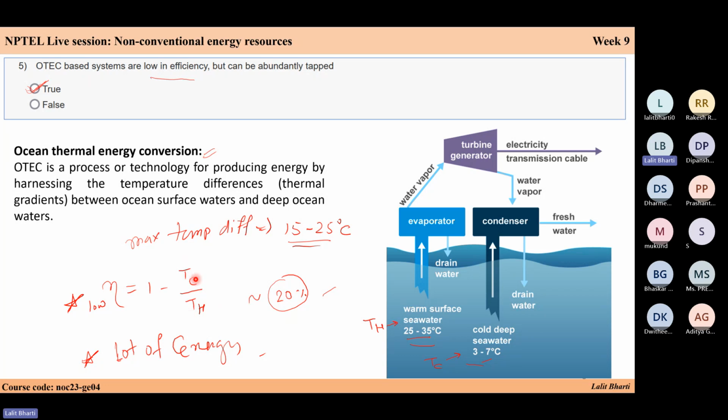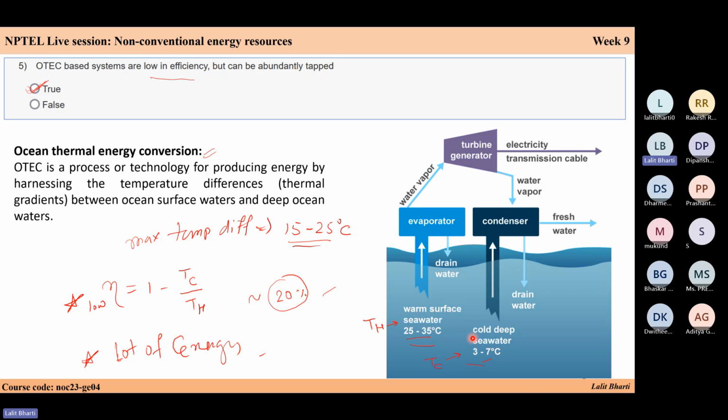Tc and Th resemble the cold temperature and the hot temperature. So this value Tc by Th should be very small, so your efficiency is near one. Near one means the highest efficiency, but we know that efficiency cannot go up to 100%, the one mark. So we always have less than one.